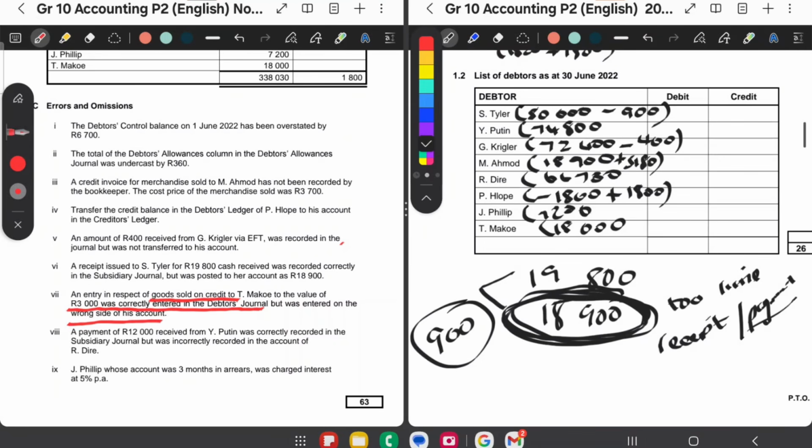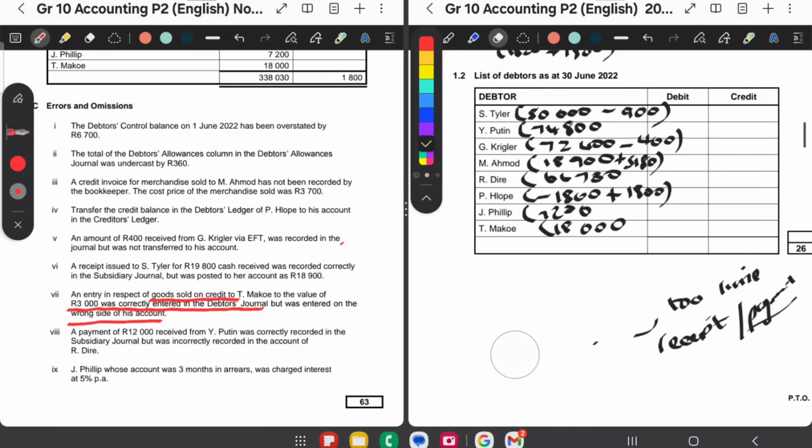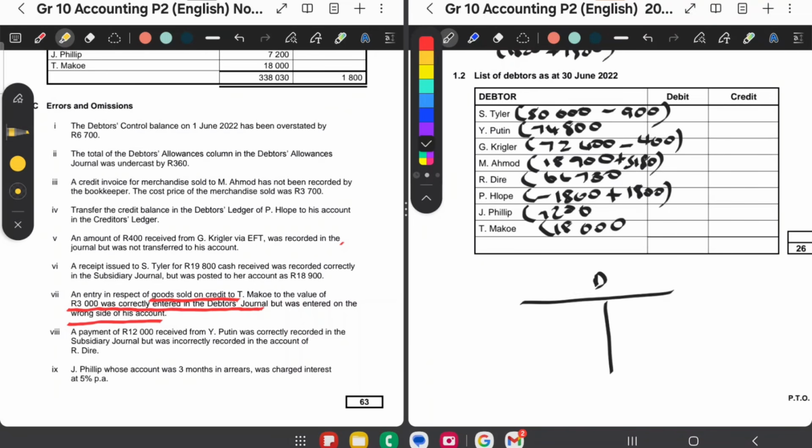So the mistake was in the list. Okay? So now let's go see. So he is a debtor. So this is a plus and that is a minus. Okay, we sold goods to him. So when you sell goods on credit, that amount goes to the plus side because it means my debtor owes me more money.